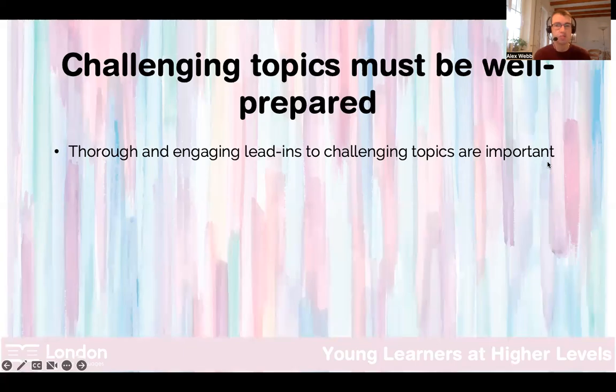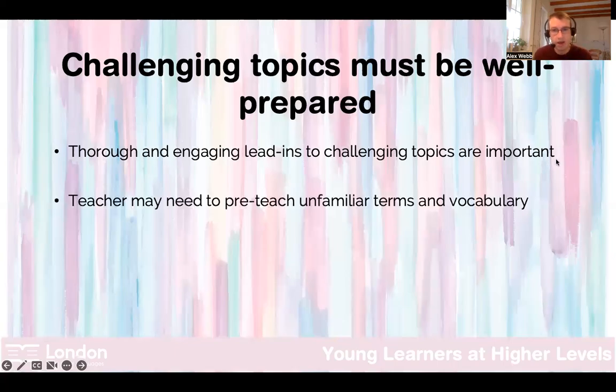All right, most coursebooks do generally have a short lead-in activity. However, perhaps you need to extend this, bring in, I don't know, maybe a video or some pictures for the students to discuss, to have a look at, so that they can just think about the topic a little bit before you go into it. You might also need to pre-teach some unfamiliar terms and vocabulary that come up.